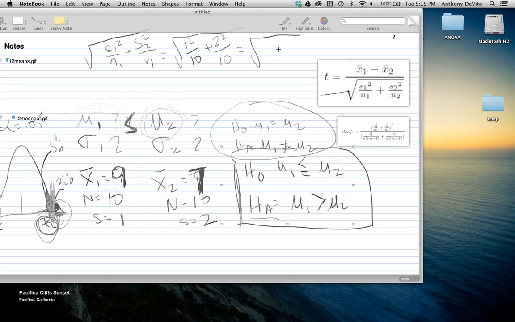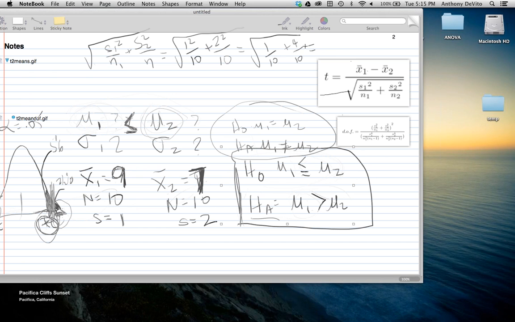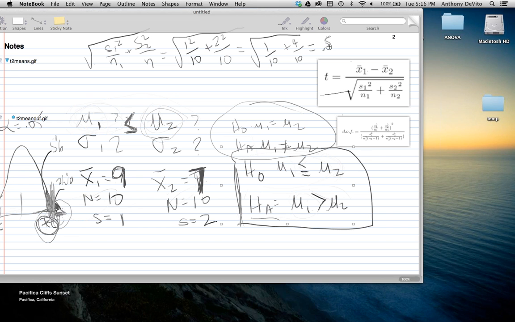So 1 squared over 10 is 1 over 10, plus 2 squared over 10. 2 squared is 4, over 10. So we got really lucky here, right? If these weren't the same denominators, we would have to convert them into decimal fractions and add them together. But in this case, I can see it's 5 over 10, or 0.5, right?